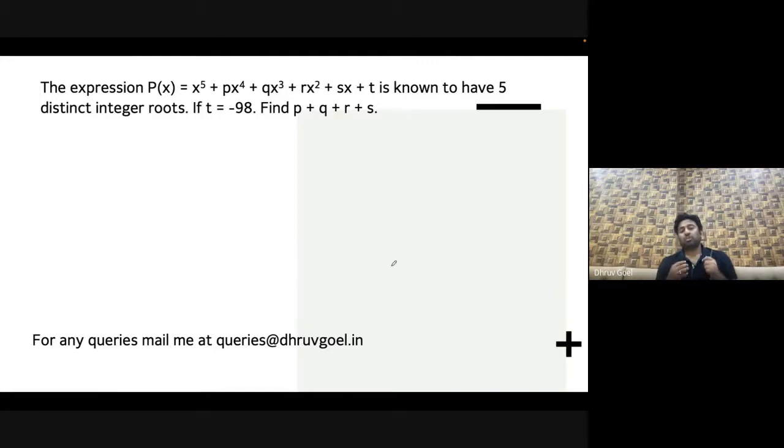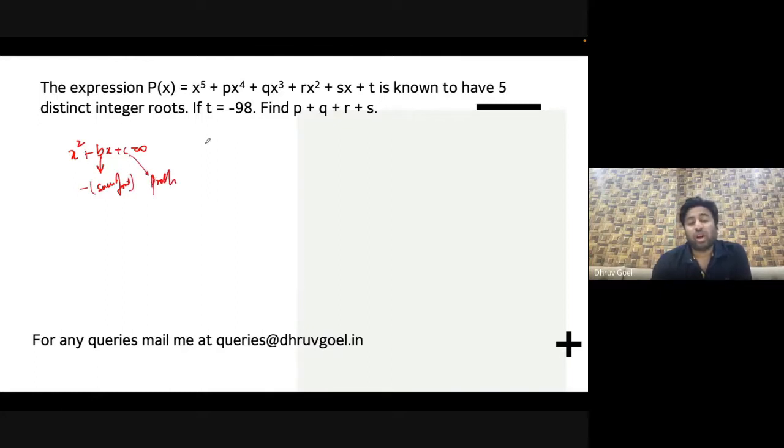Before solving these questions, I just want to explain how exactly the equation works. When you talk about a quadratic equation, it is x square plus bx plus c equal to 0. So here we can say b is nothing but minus of sum of roots, and c is product of roots, correct?